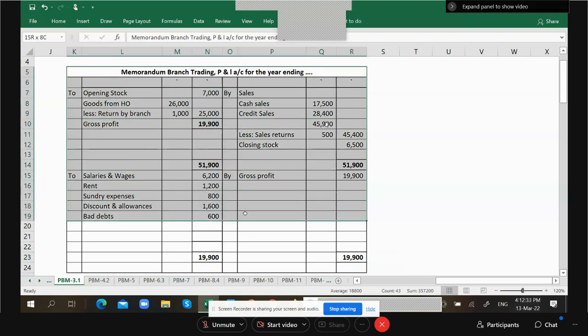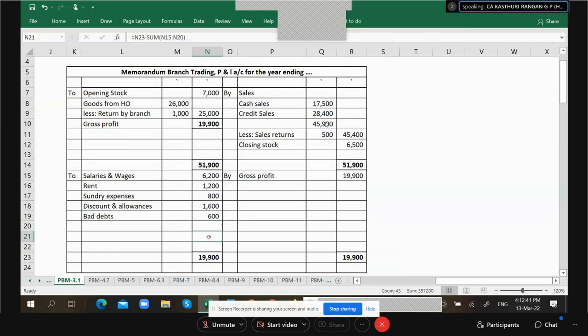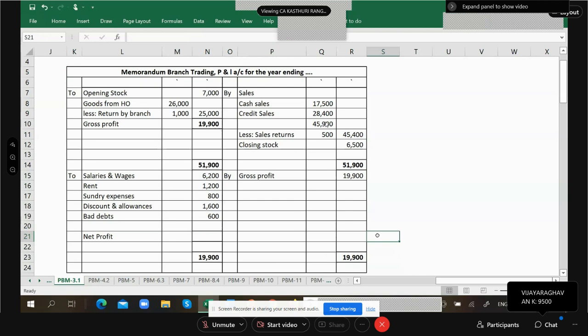Opening stock, sales, all we have recorded. But are you getting 9,400 as the net profit? Check. You are getting 9,500. Is it correct? It's not correct, is it not?